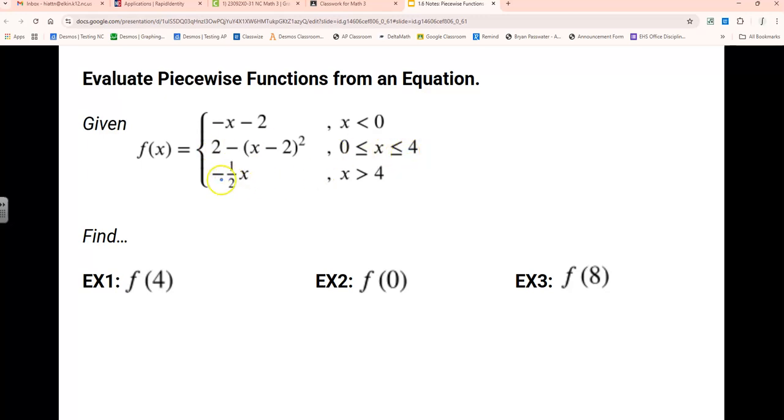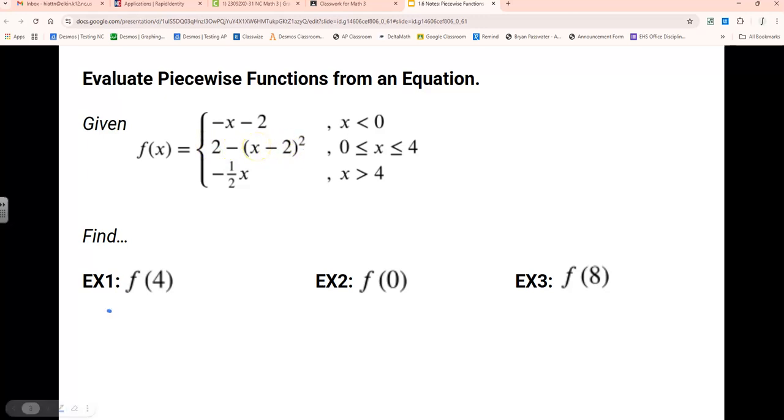It's a little confusing because down here we got x is greater than 4, right? Is 4 greater than 4? It is not. The or equal to sign is right here with this middle equation. So when we're doing f of 4, we're going to say, oh, 4 falls in this segment right here. So that means we need to use that middle equation.